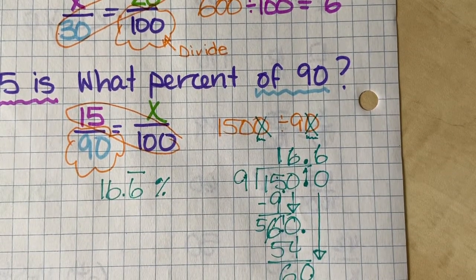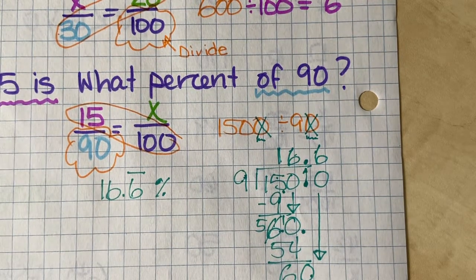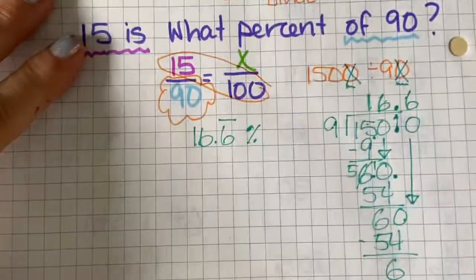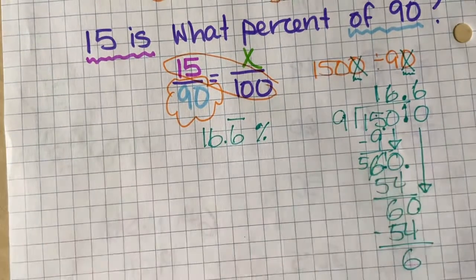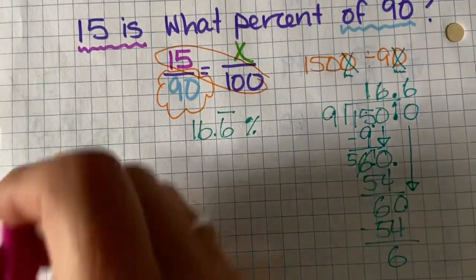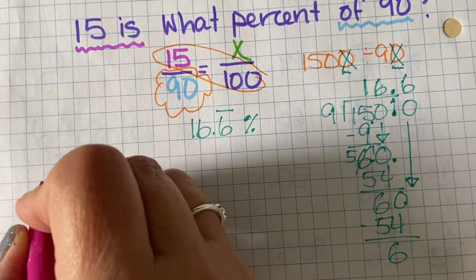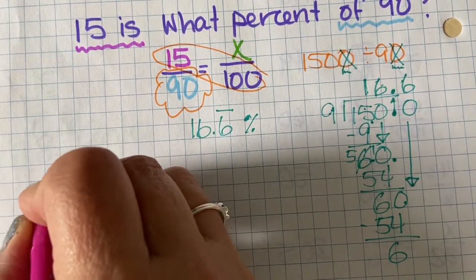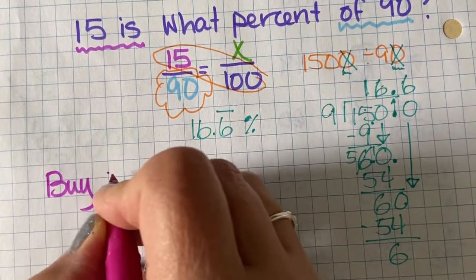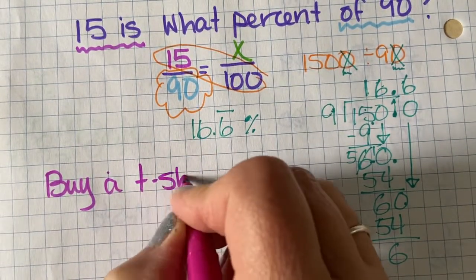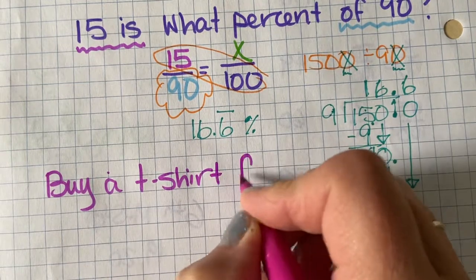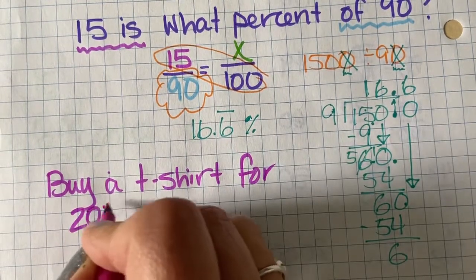When you do story problems, that's where you're going to see more part and whole. Okay, so let's say you go shopping. I'm not necessarily going to use the is and the of because those words aren't always in there. But let's say I'm going shopping and I want to buy a t-shirt for, let's say, 20% off.